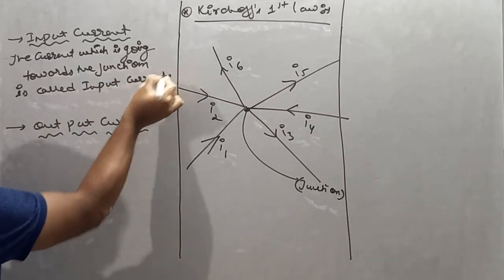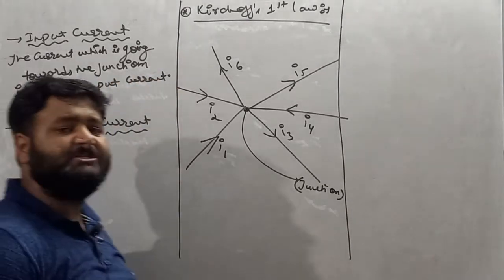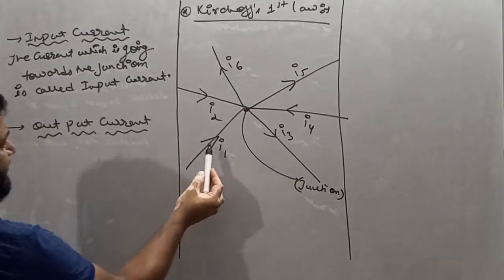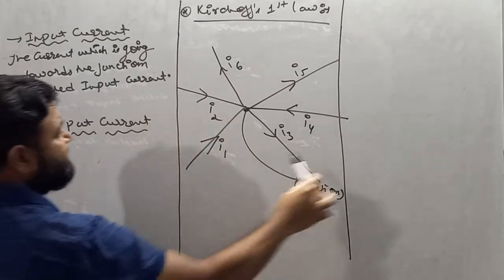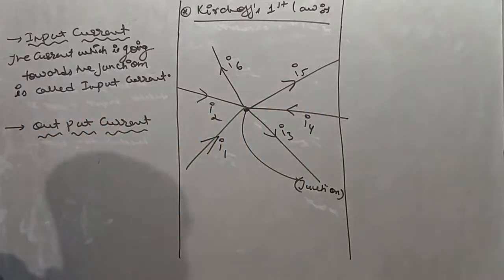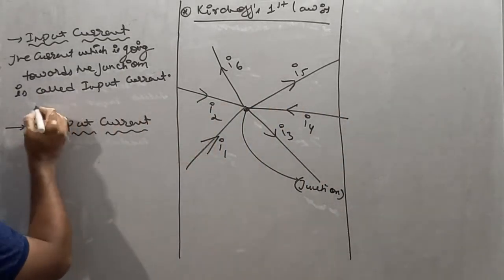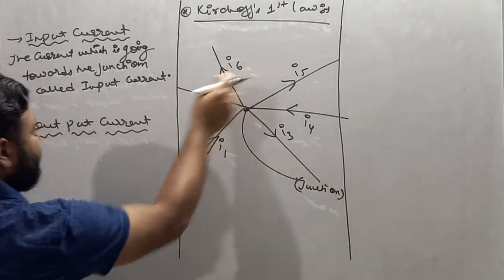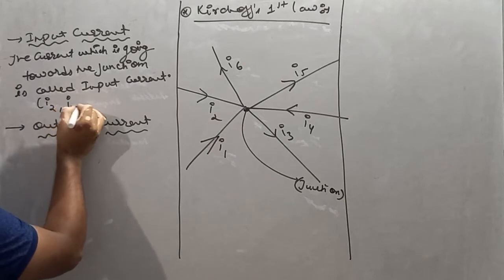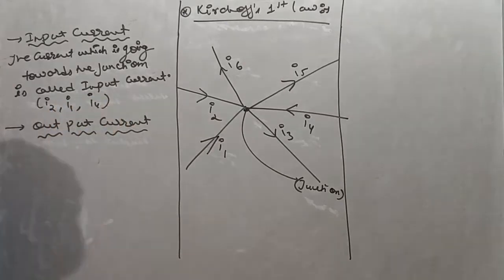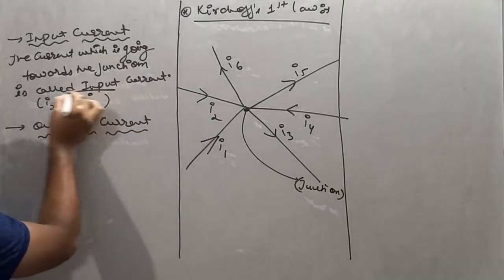The current which is going towards the junction is called input current. Here I1 is going towards the junction, I2 is going towards the junction, I4 is going towards the junction. So as examples of input current, we have I2, I1 and I4. These three currents are said to be input current.